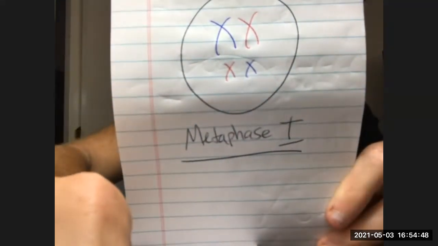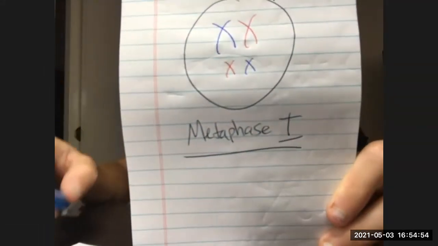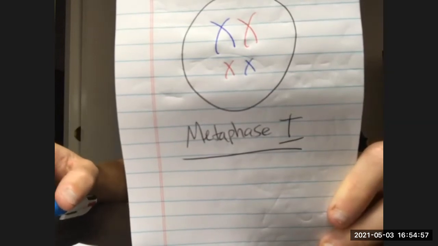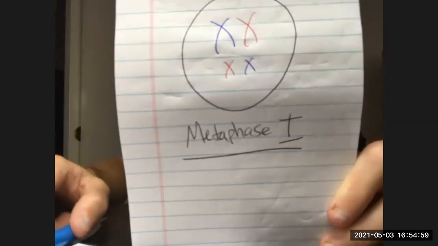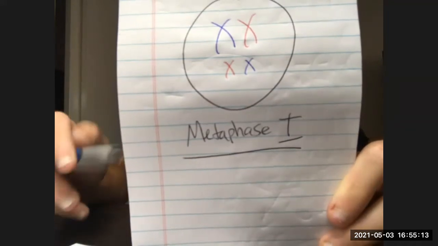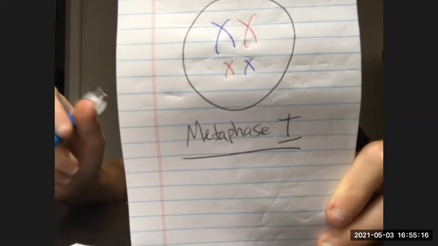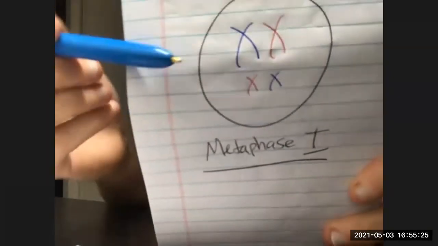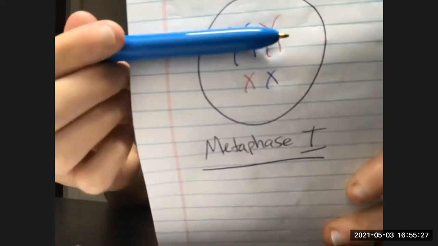So independent assortment, all it means is the way I drew these chromosomes lined up like this one next to this one.